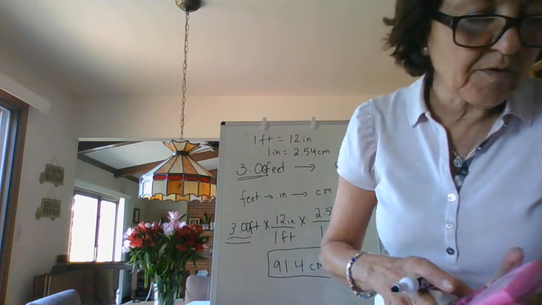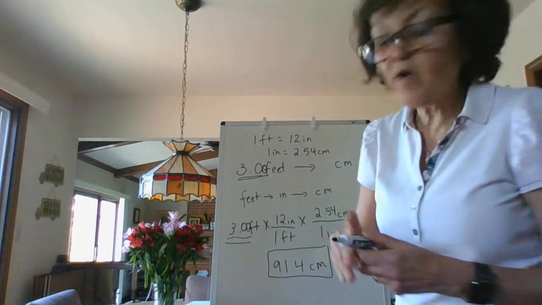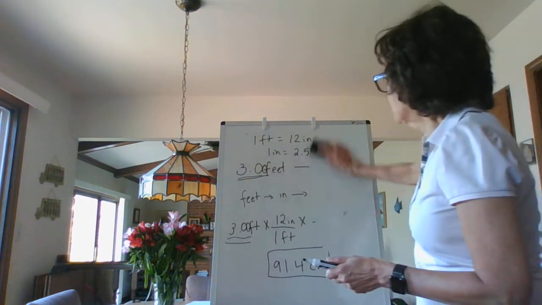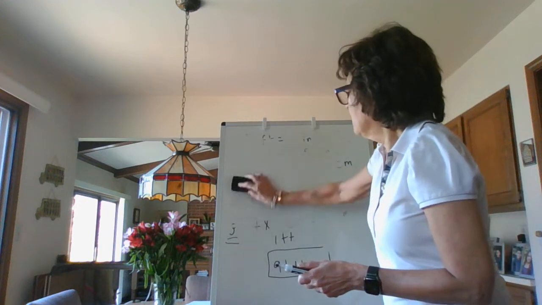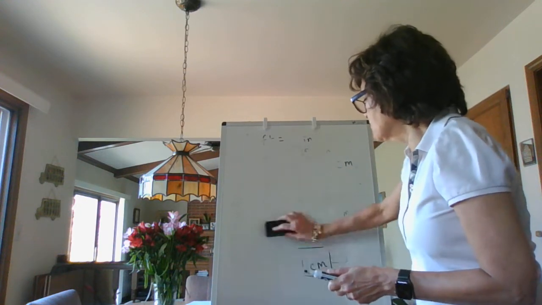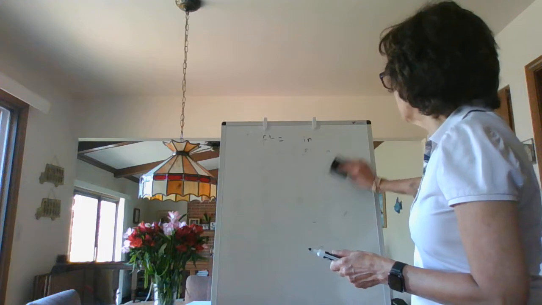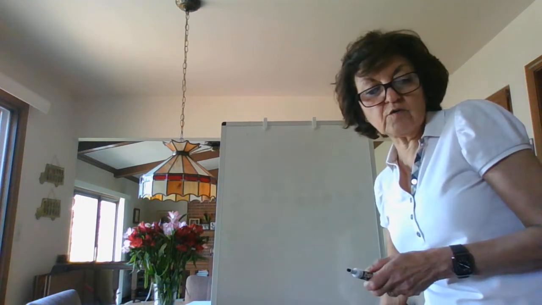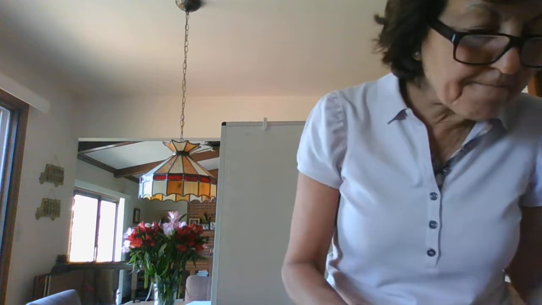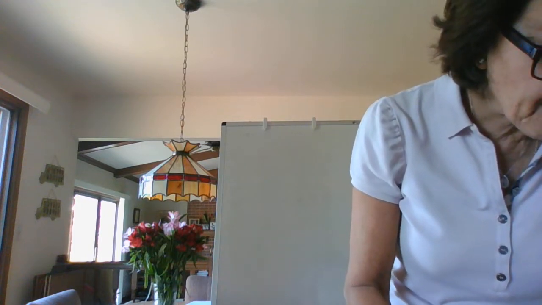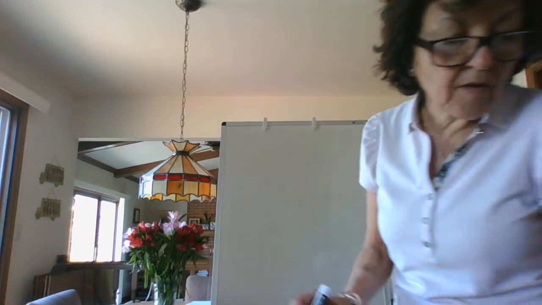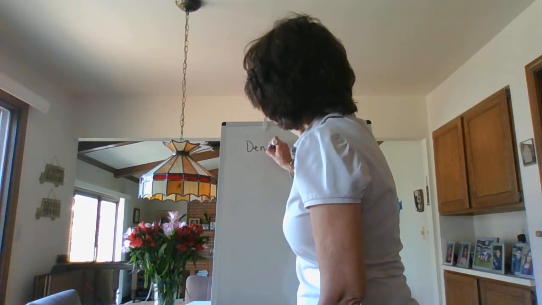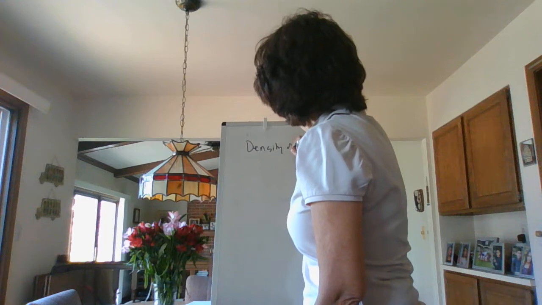Now, let's make it a bit more difficult. What if I have the density of something? Again, this is a good use of dimensional analysis when you're trying to convert units. Okay, I have the density of mercury.